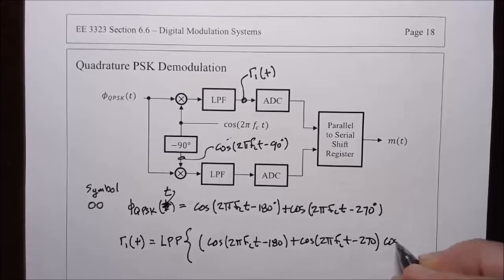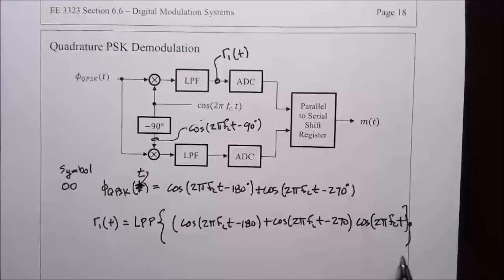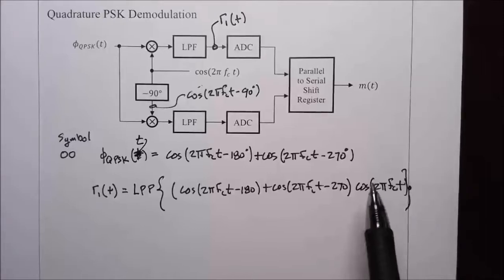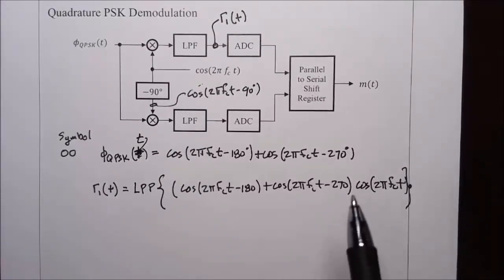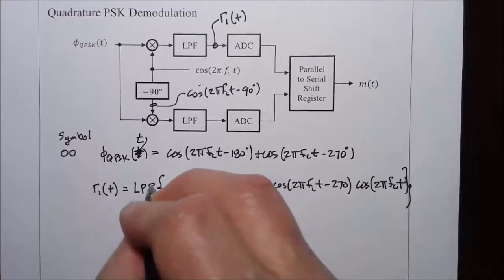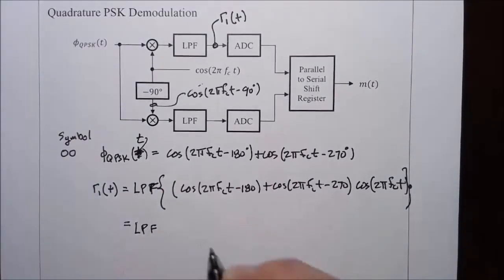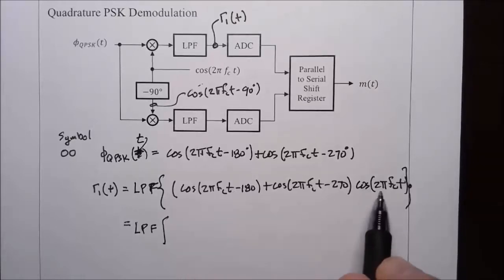That's multiplied by cosine 2 pi FCT, and then we low pass filter. So now we distribute the cosine across these two terms. So in each case we have a cosine squared. So we're applying a low pass filter to, let's see, cosine times a cosine.